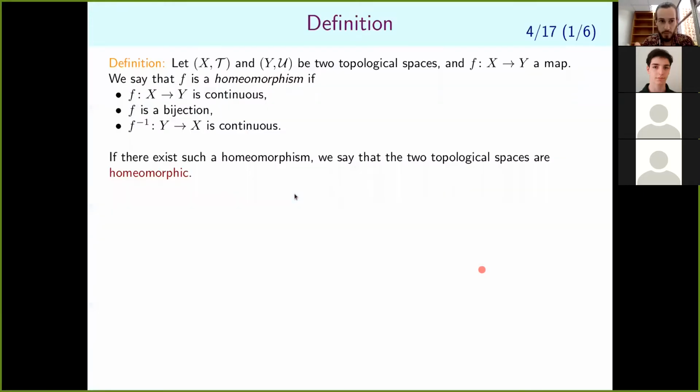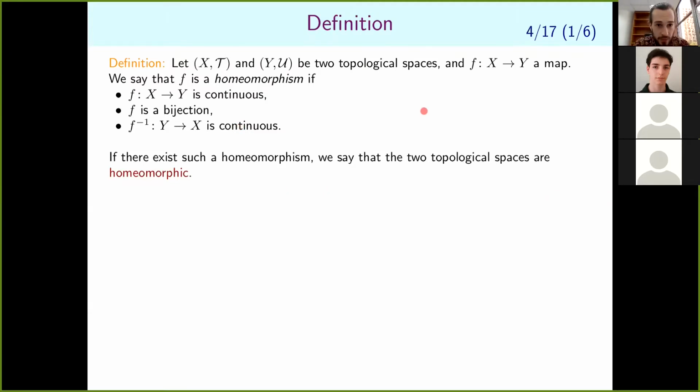So first, the main notion of today's lesson is homeomorphism. So we need two topological spaces, (X, T) and (Y, U), the general definition as we saw yesterday, and a map f between X and Y. We say that this map f is a homeomorphism if f itself is continuous, if it is a bijection, and if the inverse, f to the minus 1, also is continuous.